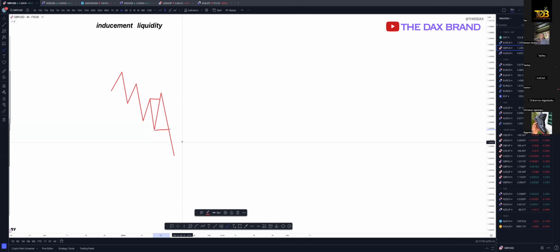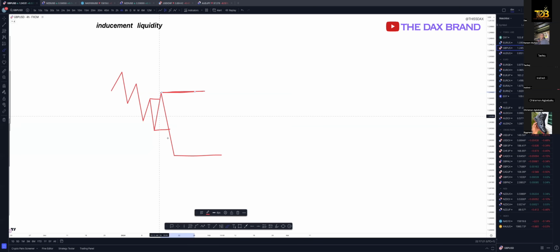You need to see structural liquidity. But in this current swing here, there is no structural liquidity. That means this high is an inducement liquidity. And what will happen to it? Remember, price is overall bearish.